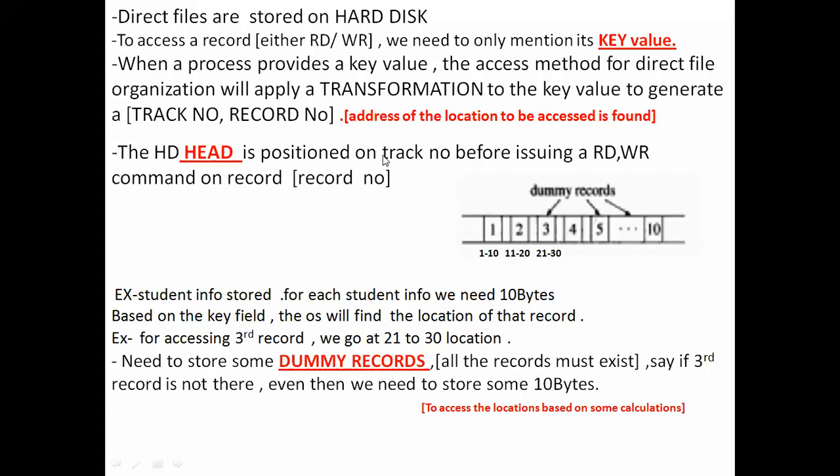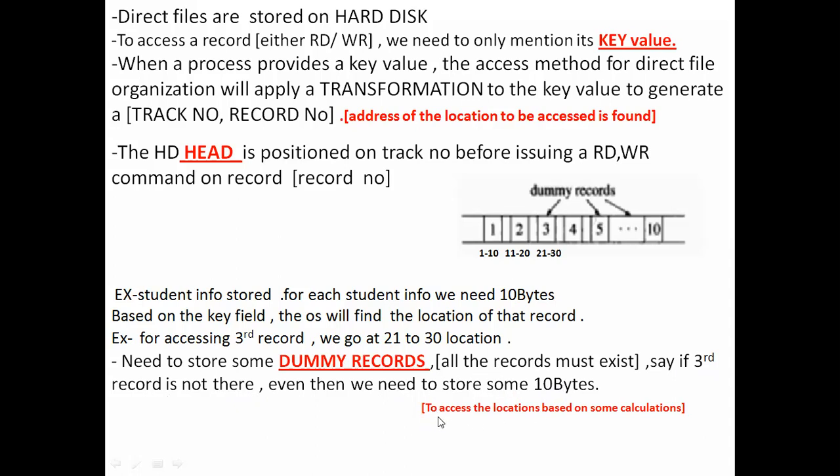Because that will help in the transformation function, where we are able to generate the track number and the record number. Even though this particular record is empty, I need to fill it with some dummy record, because all the records must exist. Say if the third record is not there, even then we need to store some junk value of size 10 bytes.